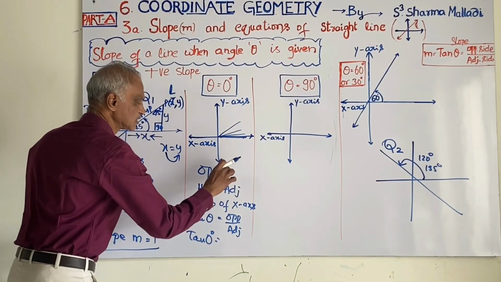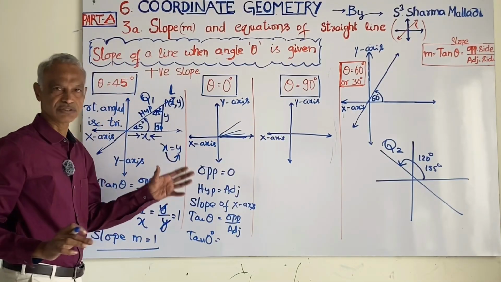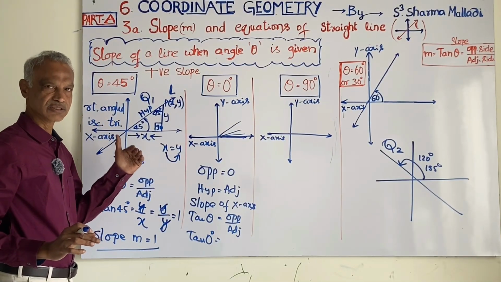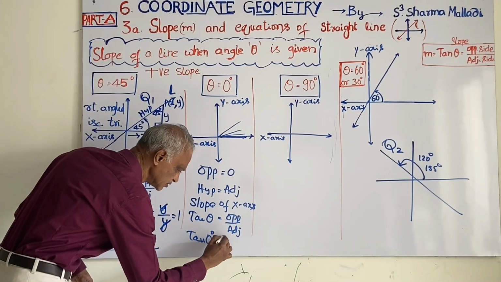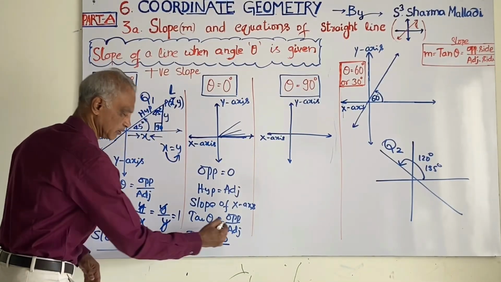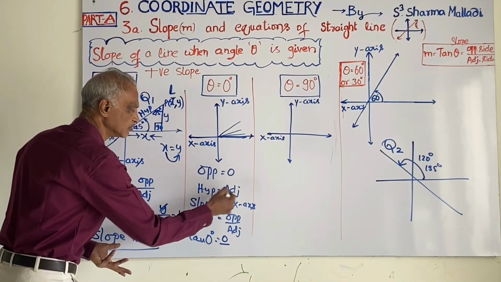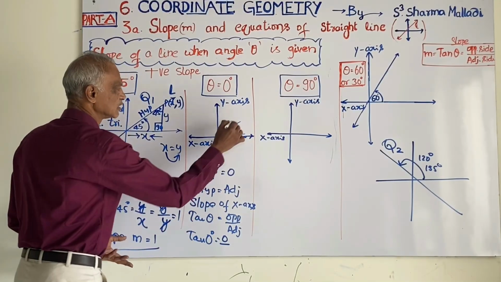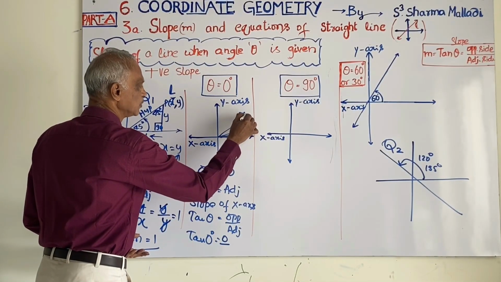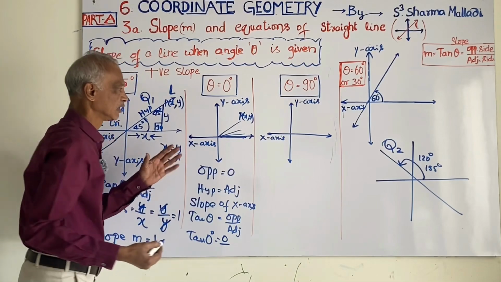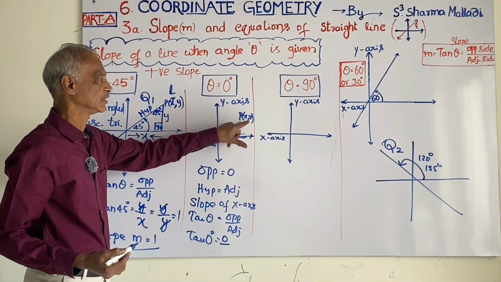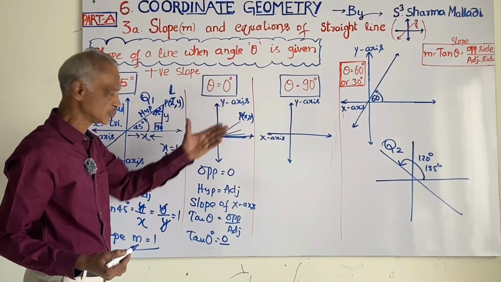What is the opposite side here? When theta is equal to 0, what is the opposite side? The opposite side is 0, and the adjacent side is x. If it is here P(x, y), the opposite side, that is y, is 0.